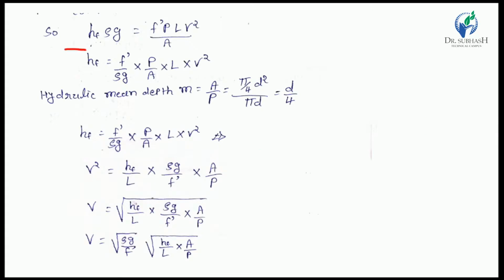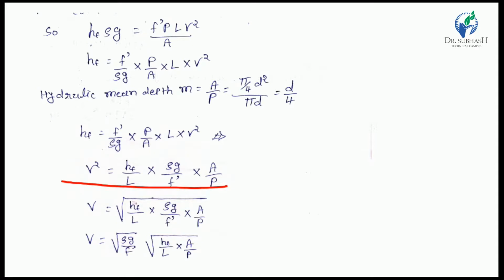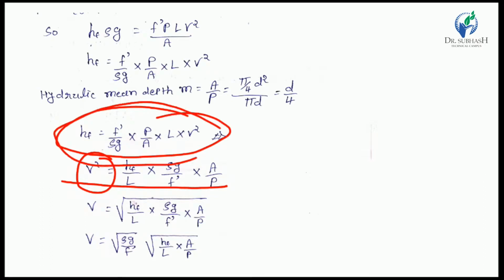Now write the equation in this form, which is mentioned in the slide. hf is equal to F' upon rho g, P upon A, into L into V square. Now from this relational equation we have to find the equation for the velocity.